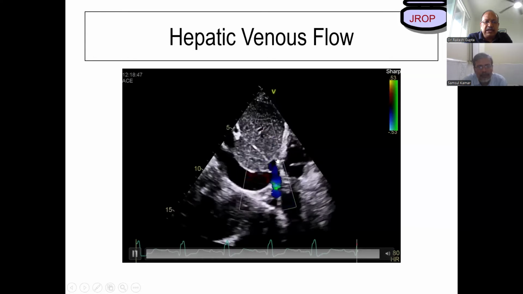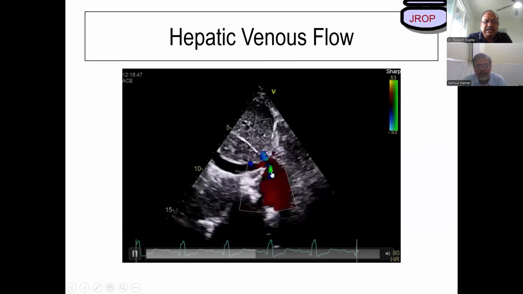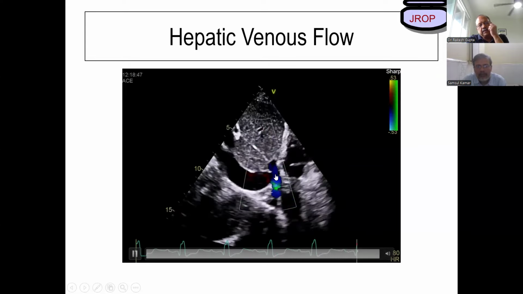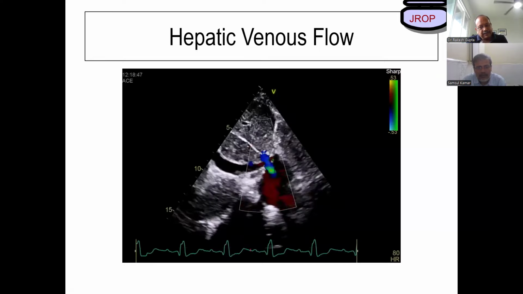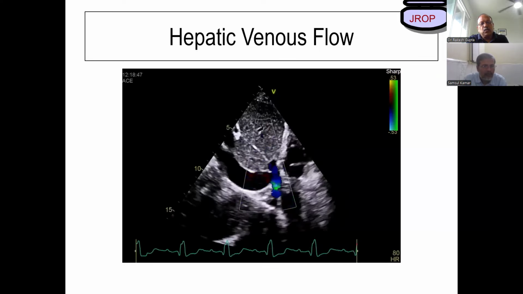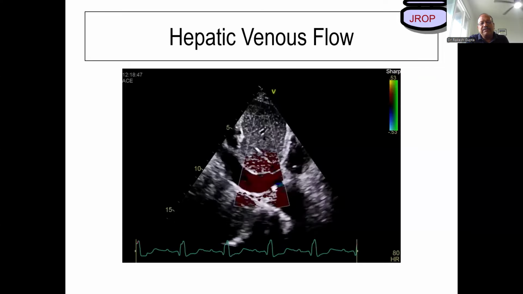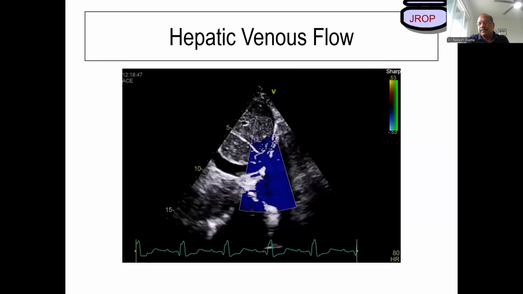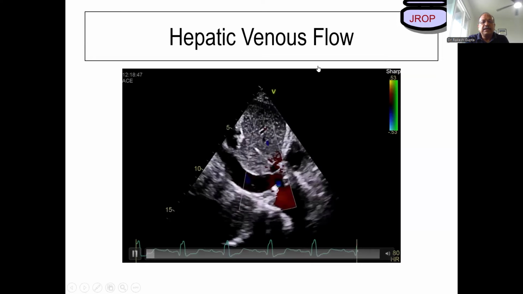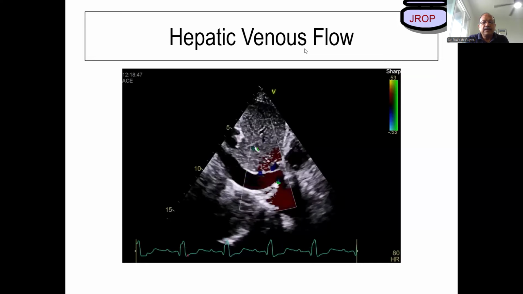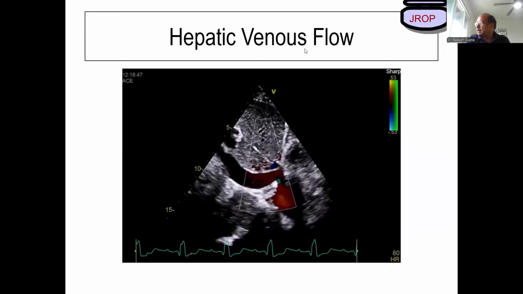Now, the blue color is blood coming from the hepatic vein to the IVC. So it'll produce a forward flow from hepatic vein to IVC. Right? Yes. So you'll find only a forward flow.